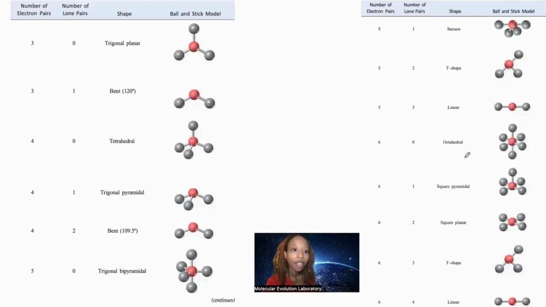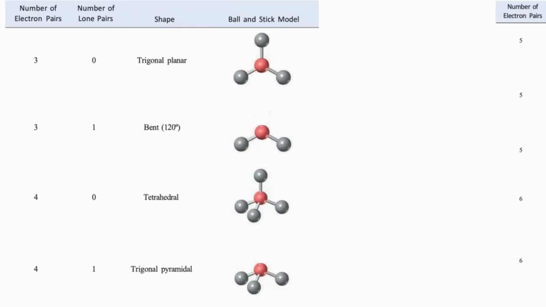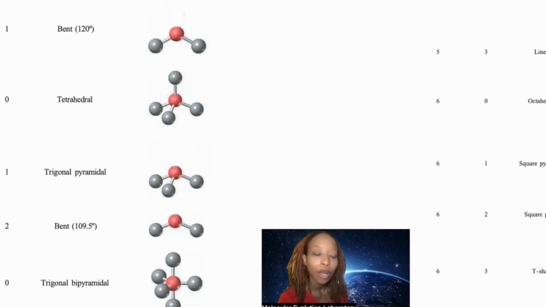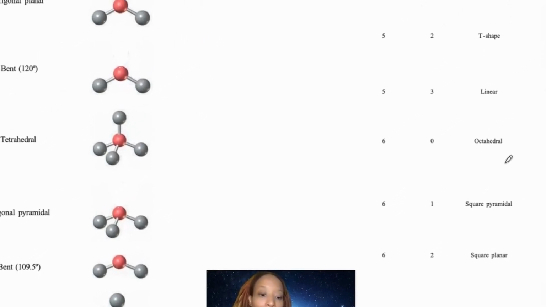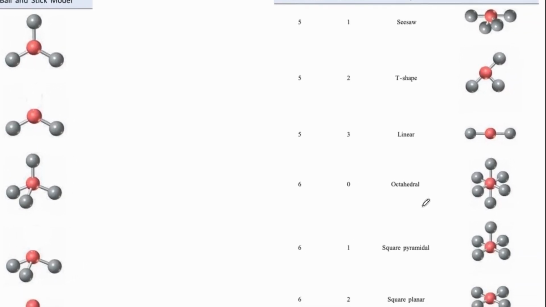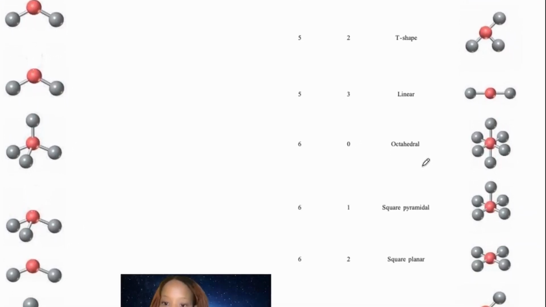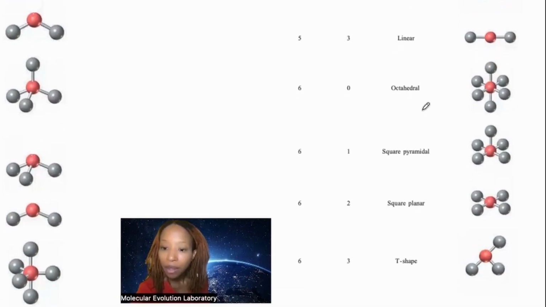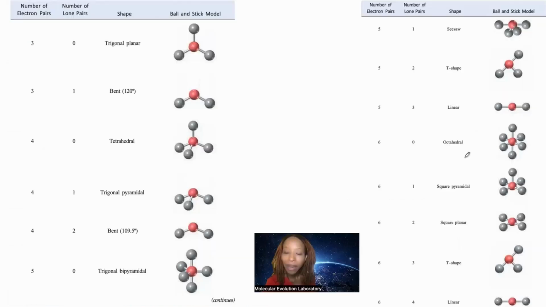And here we have the number of electron pairs, as well as the number of lone pairs, along with the shape, as well as the ball and stick model of a trigonal planar, a bent shape, a tetrahedral, trigonal pyramidal, trigonal bipyramidal as well. And here we also have the seesaw shape, the T shape, linear again, octahedral, square pyramidal, square planar, T shape, and linear.